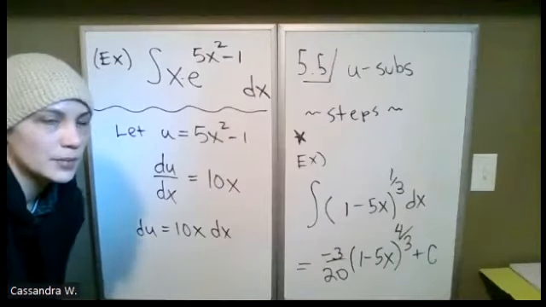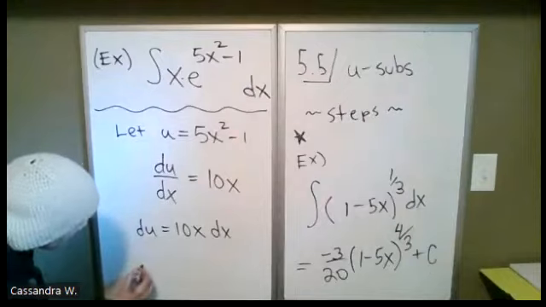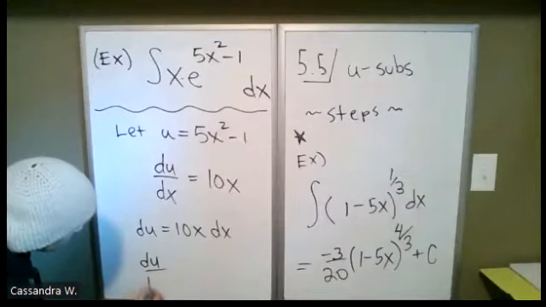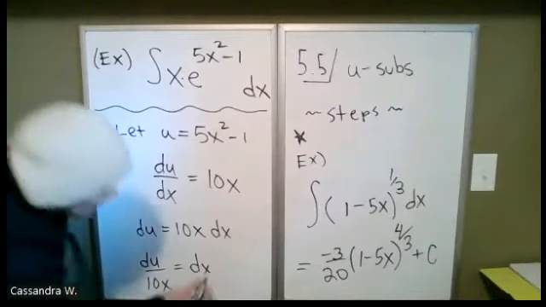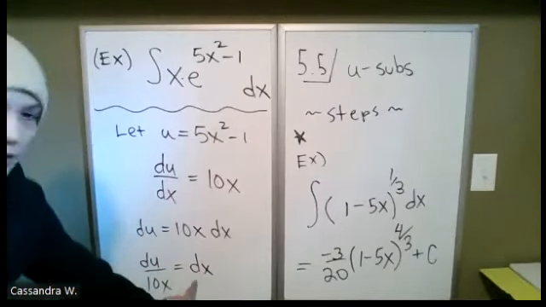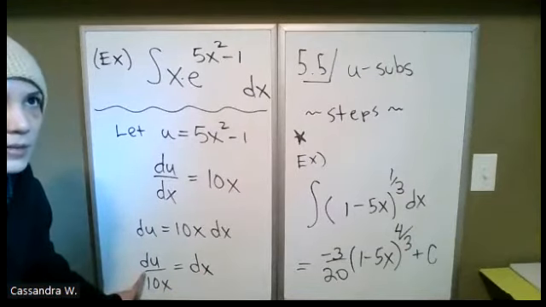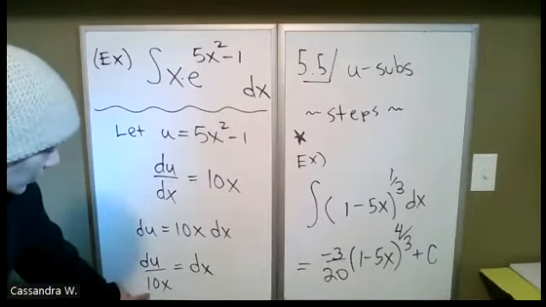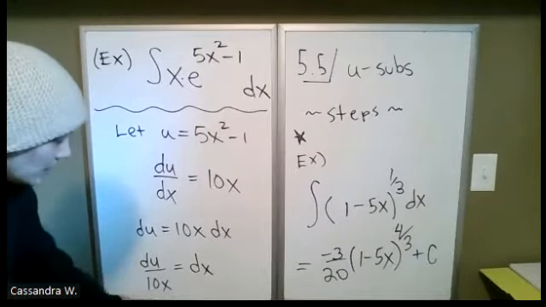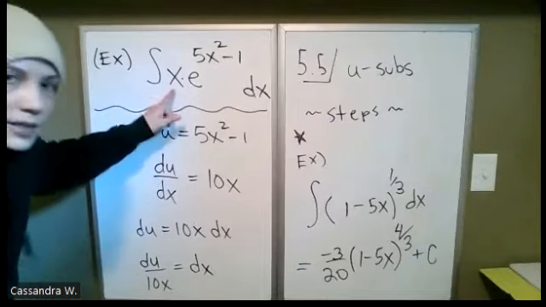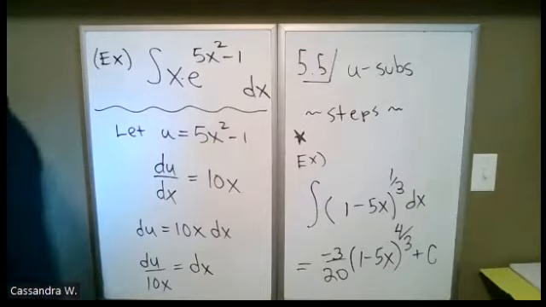Then I would divide both sides by 10x. Now you've solved for dx in terms of du. And also, when we substitute this in, this x and that x are going to cancel. All right, let's do that.